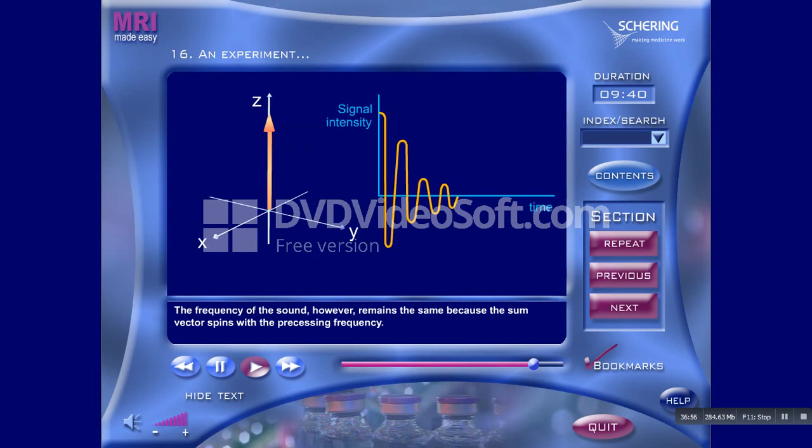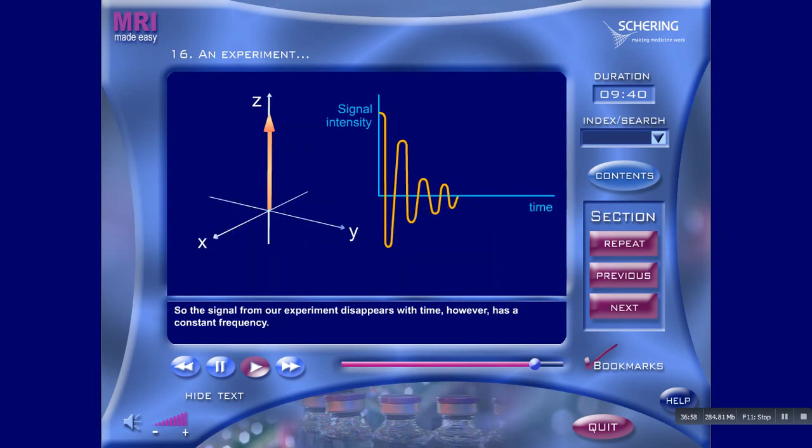So the signal from our experiment disappears with time, however, has a constant frequency. This type of signal is called a free induction decay signal, or FID signal.